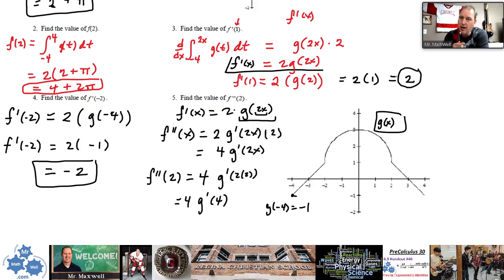G prime of x is the slope of the tangent, that's what I meant to say. So g prime of 4 is the slope of the tangent at x equals 4.